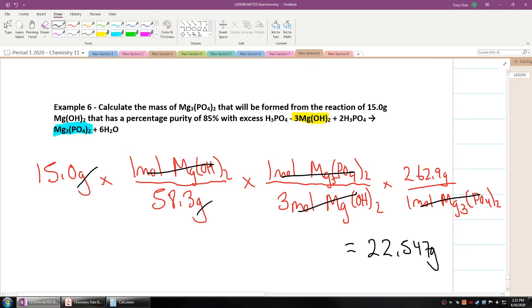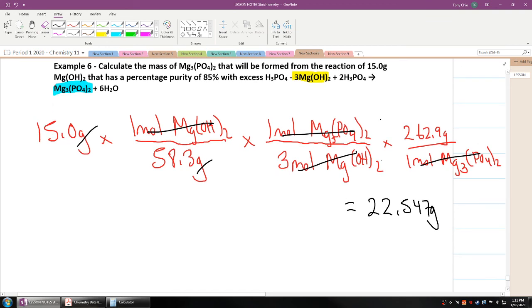22.547 grams. Now is this my pure amount or my impure amount? Well, I went from a reactant to solve for a product. In this case, because of that, this is my impure amount. This is how much magnesium phosphate I would produce along with other impurities.